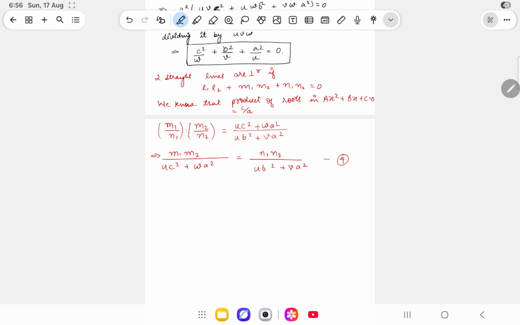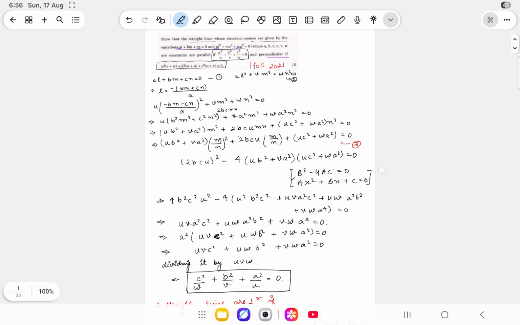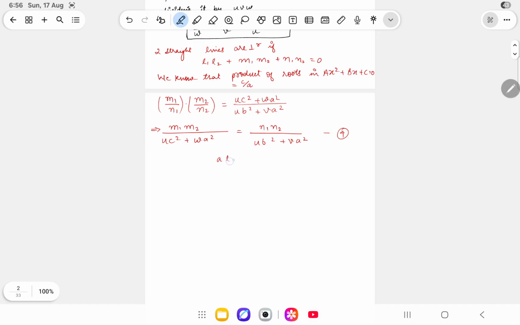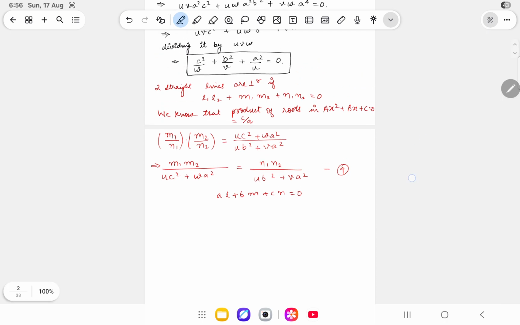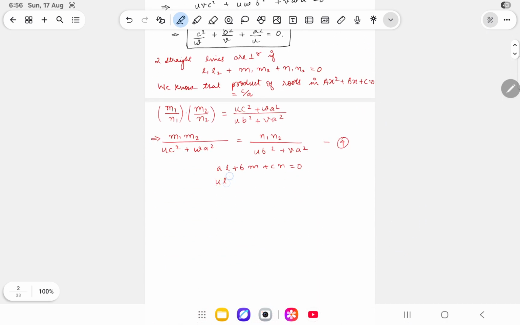So if you observe the pattern, the initial two equations that we have, let me just copy these equations: al plus bm plus cn equals to 0, and ul square plus vm square plus wn square equals to 0.